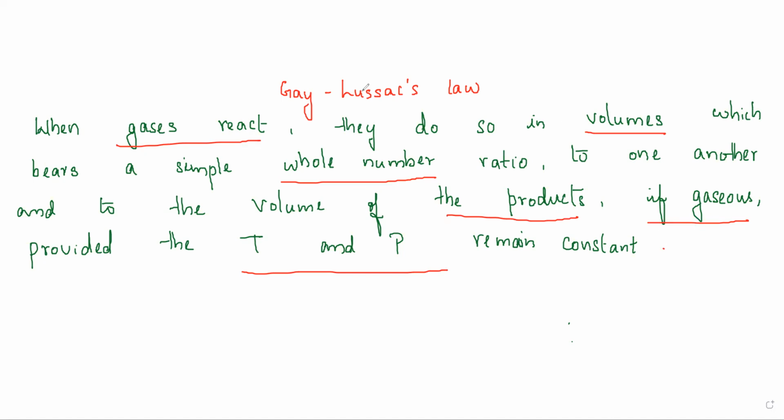So if the question is define Gay-Lussac's law, the whole thing has to be written as it is. When gases react, they do so in volumes which bear a simple whole number ratio to one another and to the volume of the products if gaseous, provided the temperature and pressure remain constant.